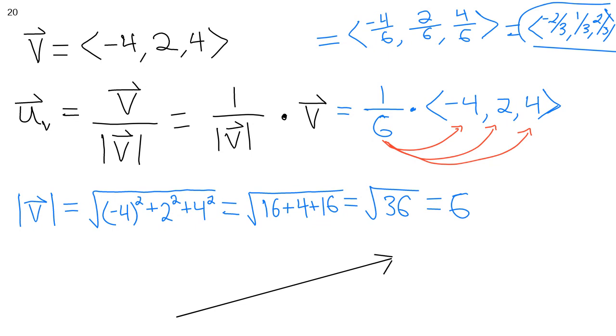Then the unit vector of V is going to be in the same direction, but has length 1. So it's shorter. It's going to be 1/6 the length, right? This is length 1. And the vector V has length 6.